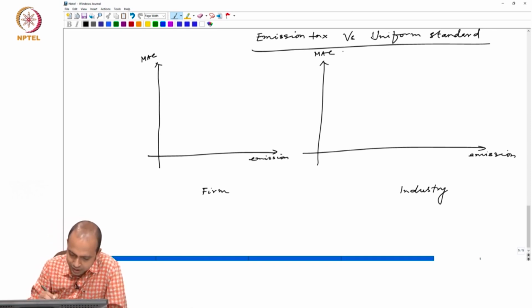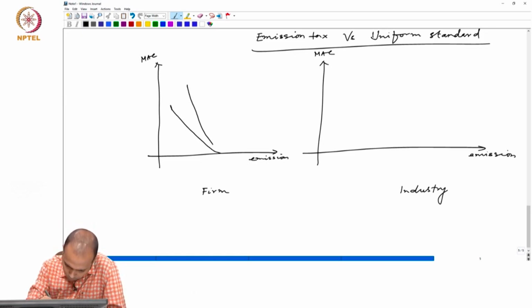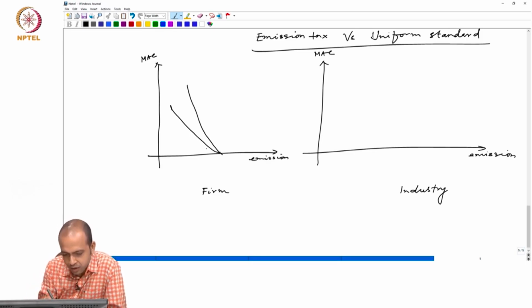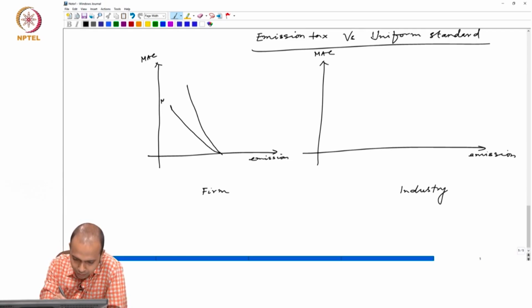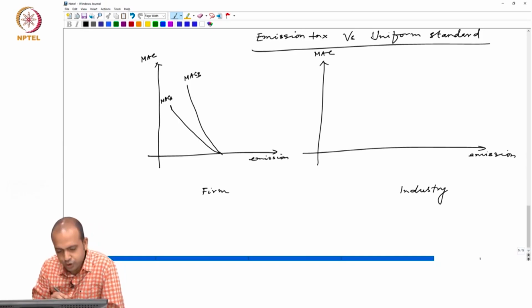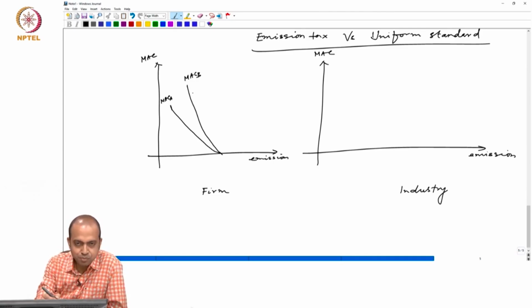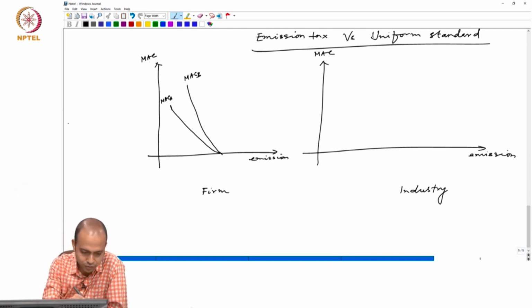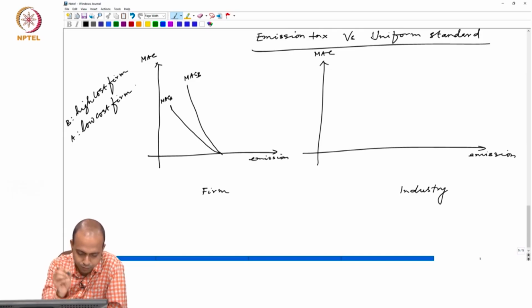Now, let us say that there are two firms A and B, and this is MAC A, and this is MAC B. So, we can understand very well that MAC B is higher than MAC A, that means firm B is a high cost firm, and A is a low cost firm.